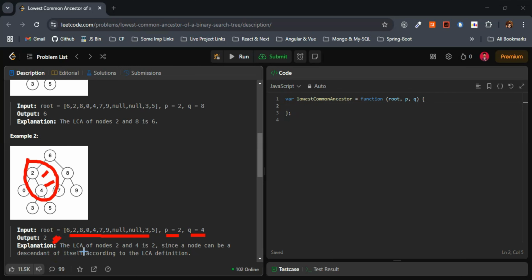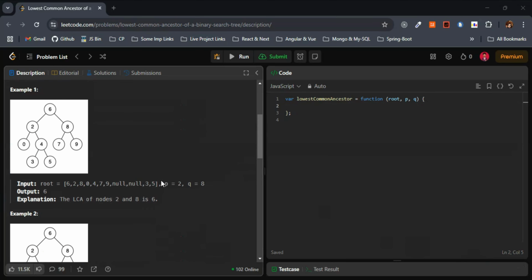That's what they have given in the explanation: the lowest common ancestor of nodes 2 and 4 is 2, since a node can be a descendant of itself. They have clearly mentioned this in the question. So the lowest common ancestor will be 2 in this case according to the LCA definition. I hope this is clear.